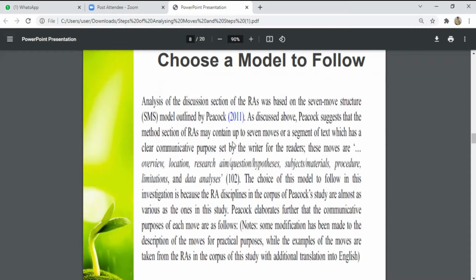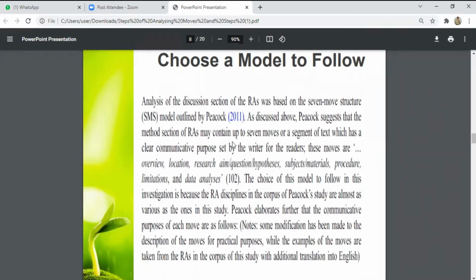So what about if you cannot find the right model? You can find a model similar to the one that is available. For example, you are going to analyze the discussion section of a thesis written by university students. And then you try to find a model of the thesis discussion, the structure of the thesis discussion, and you cannot find it.